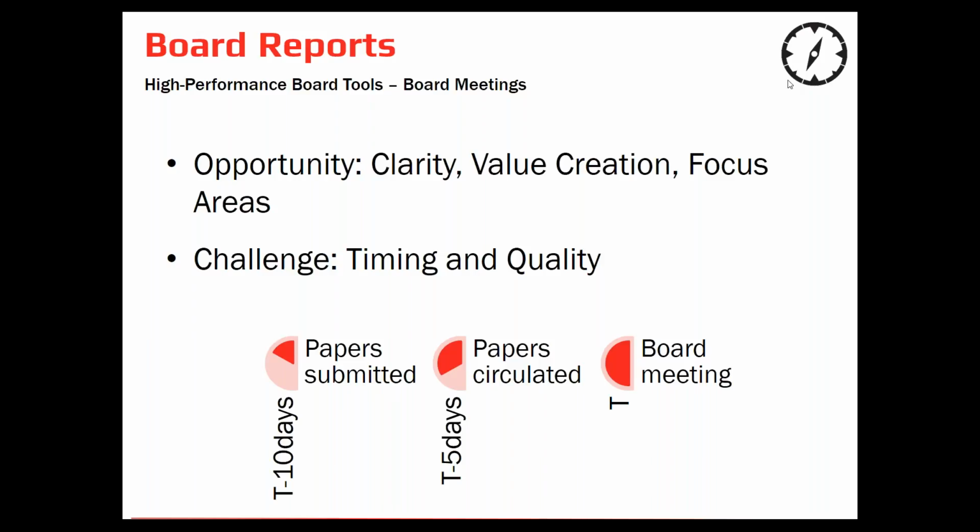So the papers themselves, just to talk about the timing issues, this is an area around timing and flow and preparation that as an independent director you are no doubt going to literally bash your head over. Remember that a company that is new to governance and new to boards, and indeed ones that are long experienced in the process, might have some challenges around the quality of their reporting.